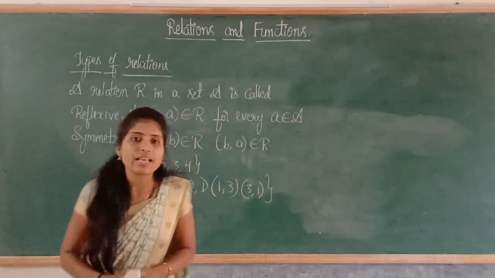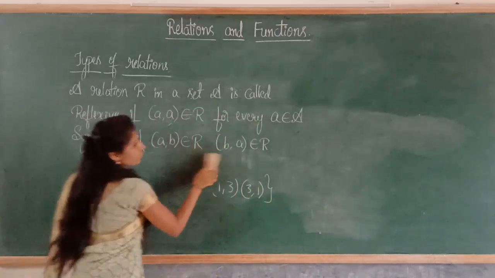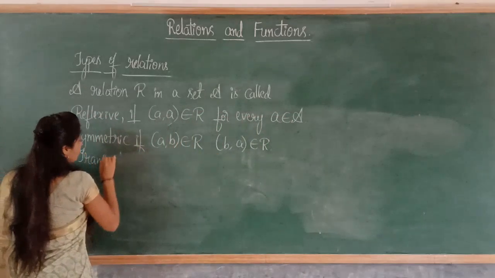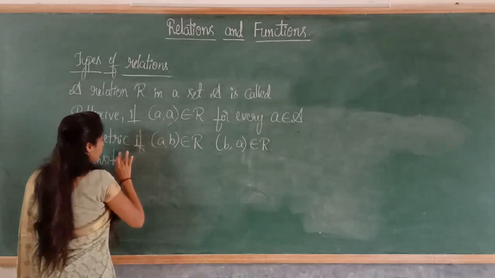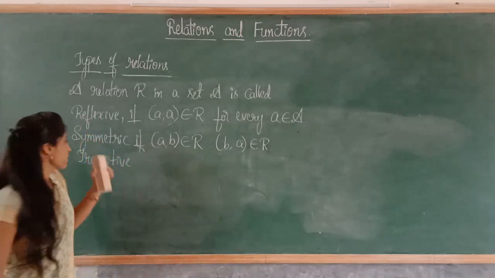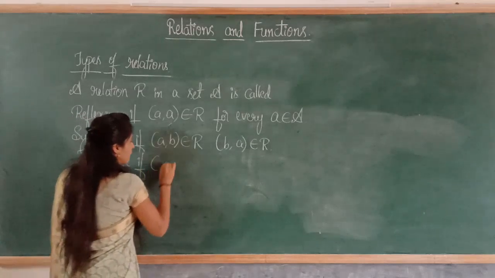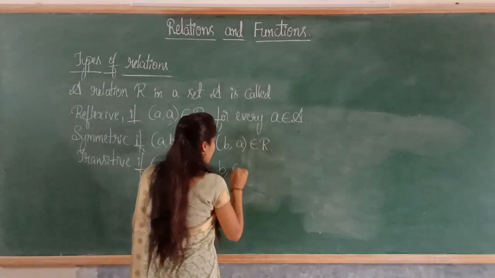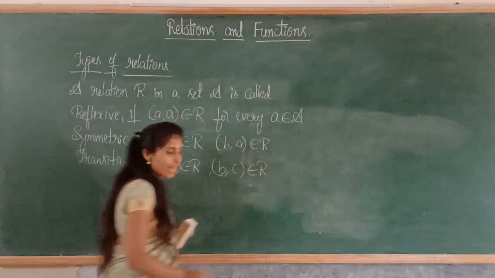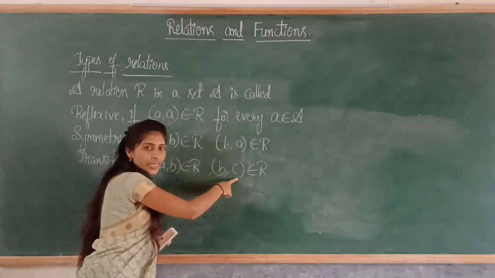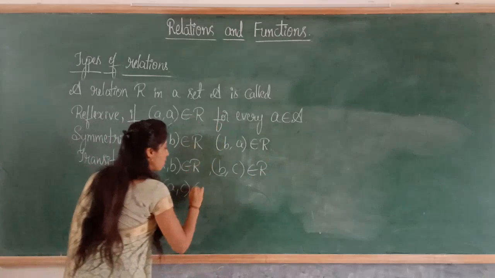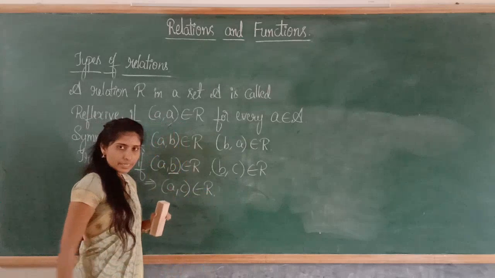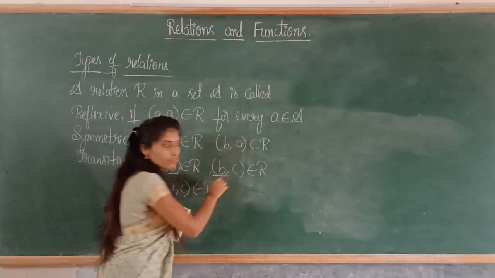The next is transitive relation. A relation R in a set A is called transitive if (a, b) belongs to R and (b, c) belongs to R, then it implies the first and third element, (a, c), belongs to R. See here, the second element should be equal to the first element of the next ordered pair.